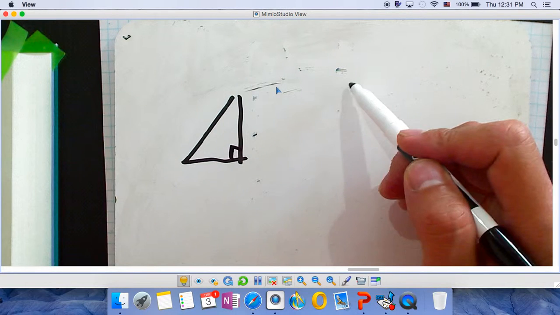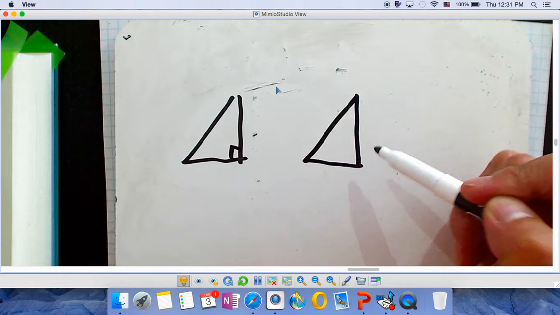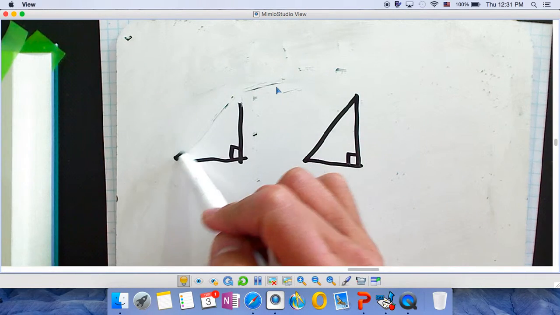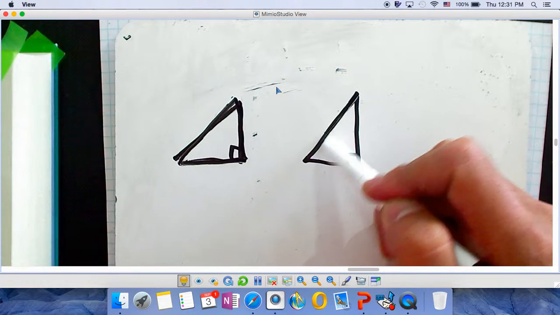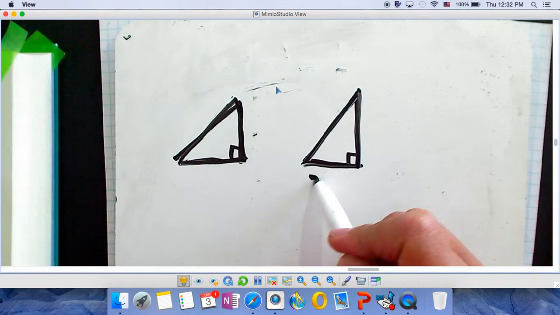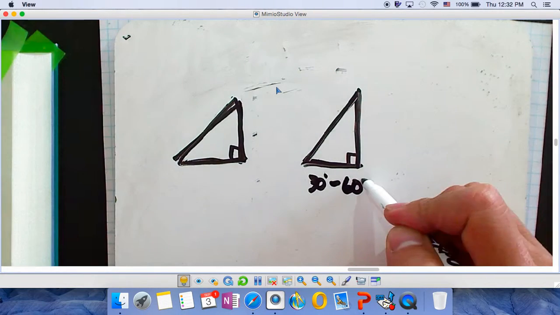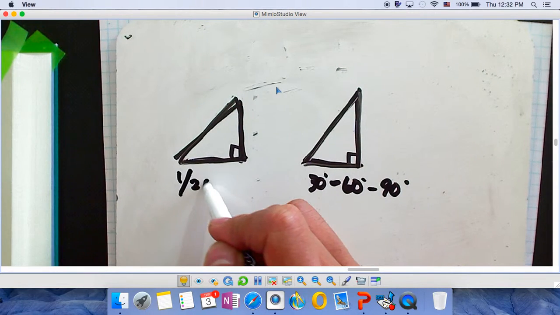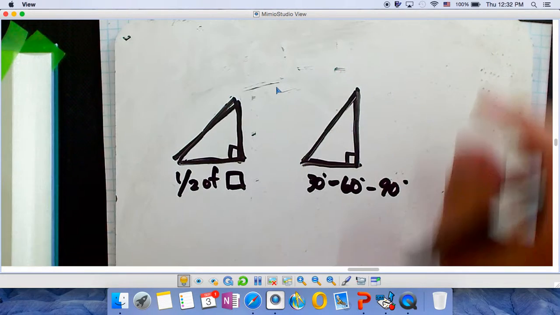And the other one is the half of an equilateral triangle. Well, it looks like the same exact triangle, but this one is 45, 45. This is 30, 60, 90 degrees, the half of an equilateral triangle, and this is half of a square.